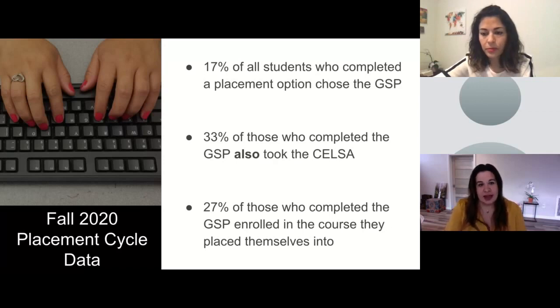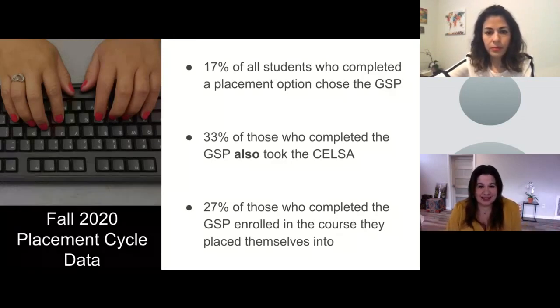And so they have this suggested course level, but they can still choose whichever level they want when it comes to the end, and they make their course selection. So they can either do one or the other, or they can do both. And if they do both, they can choose whichever one they want.